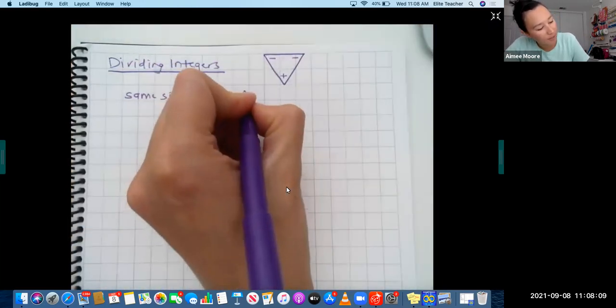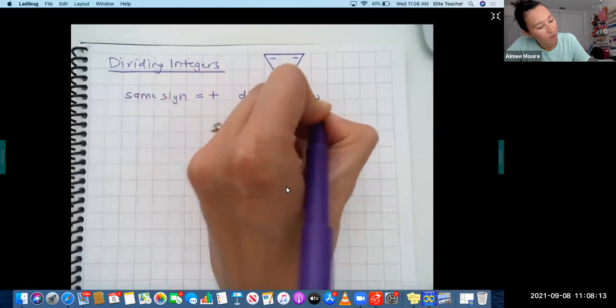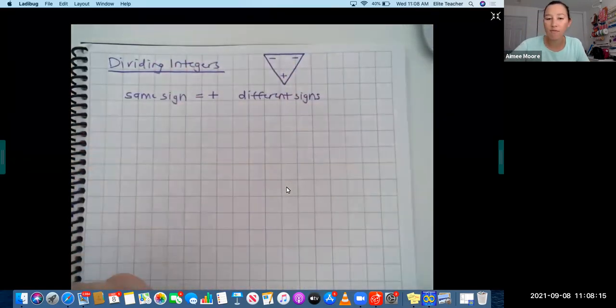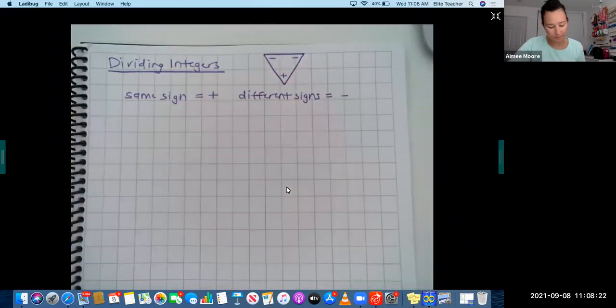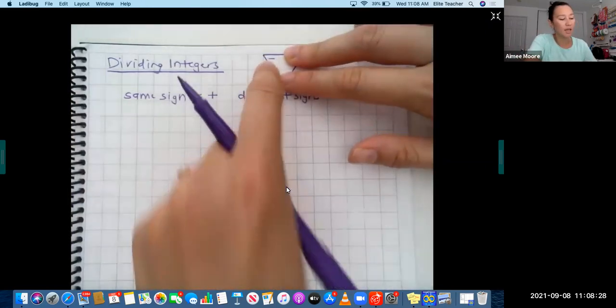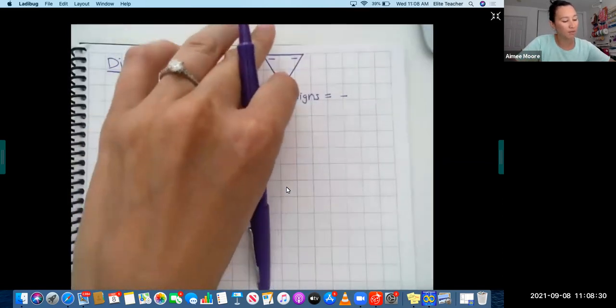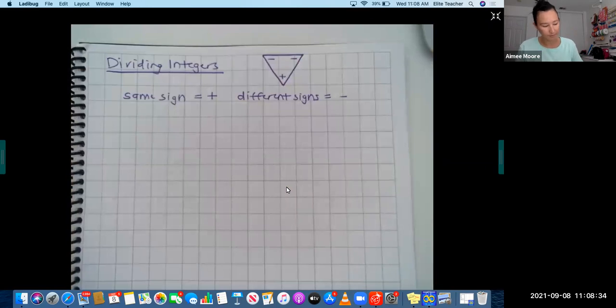If we have different signs, so we're dividing a negative by a positive or a positive by a negative, our answer is going to be negative. So a positive divided by a negative leaves us with a negative, or a negative divided by a positive will also leave us with a negative.